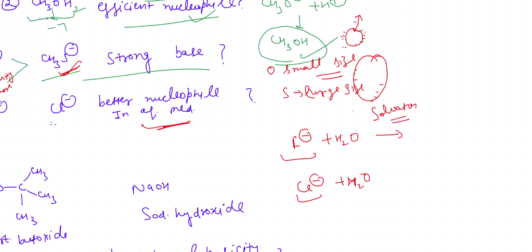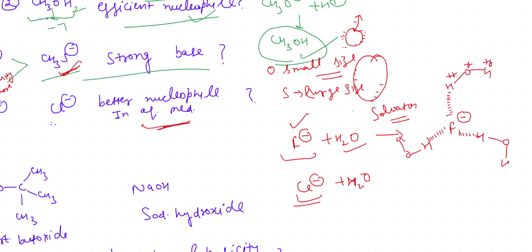The water molecules will surround the anion F negative with opposite charges. The H positive from water will interact with F negative. Similarly, another molecule of water will also interact. So these are stabilizing this F negative.